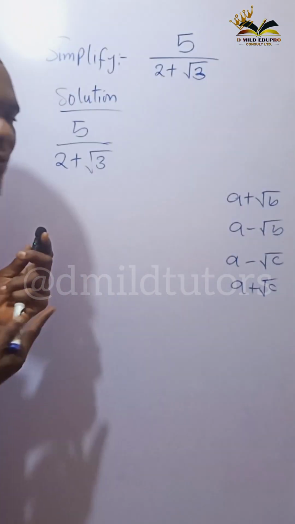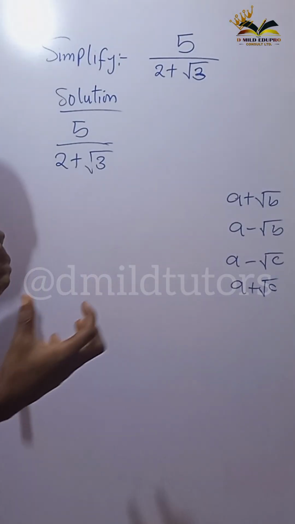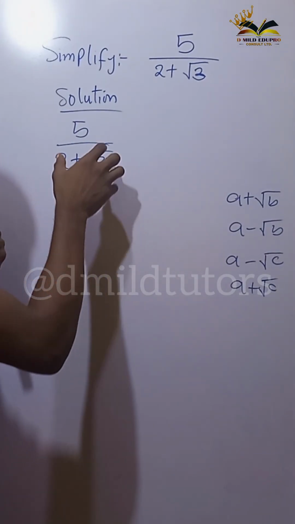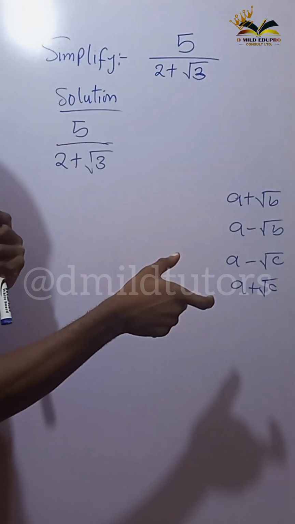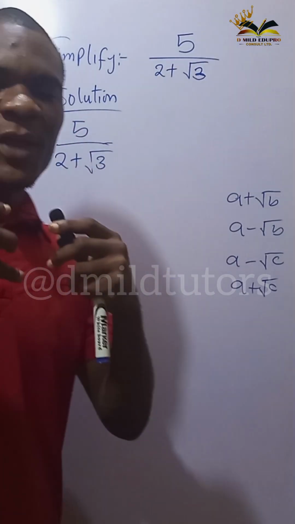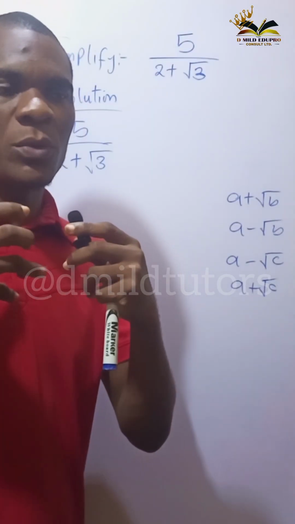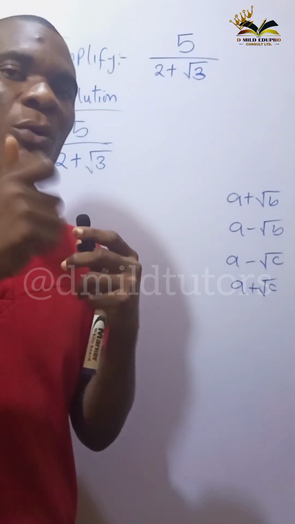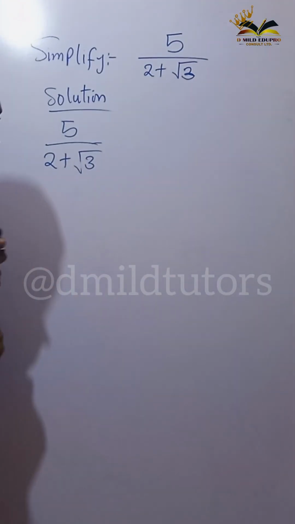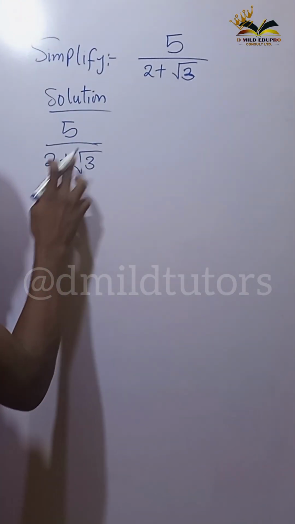Now, the next thing is once you've gotten the conjugate, you now rationalize using that same conjugate. If you want to rationalize, you're going to multiply the numerator by the conjugate and also the denominator by the conjugate. So whenever you multiply a surd problem using the conjugate, you're going to have a whole number. Is that okay? So here, the conjugate of this is 2 minus root 3.